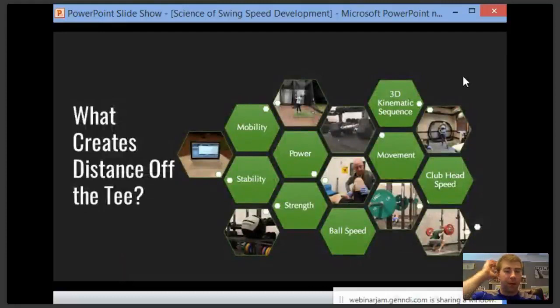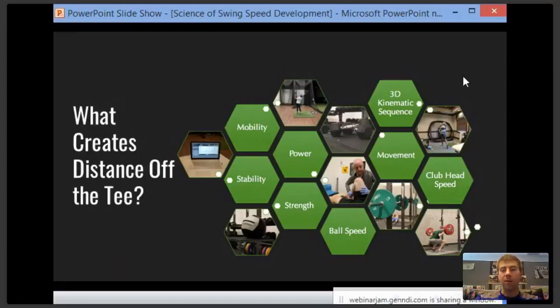The first question I always like to ask is to get you to start to think about what actually creates distance off the tee. There's lots of different elements to it. They're not all in the technical world or the physical world. In the physical world, there's mobility, strength, ball speed.